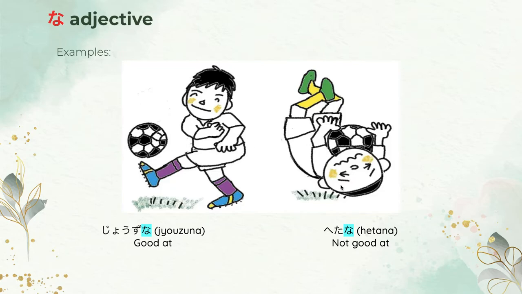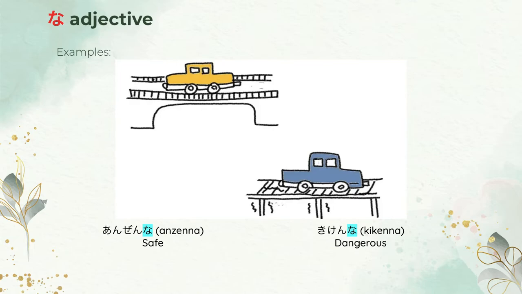If I wanted to say this boy is a boy who's not good at playing soccer, I would say 下手な男の子.